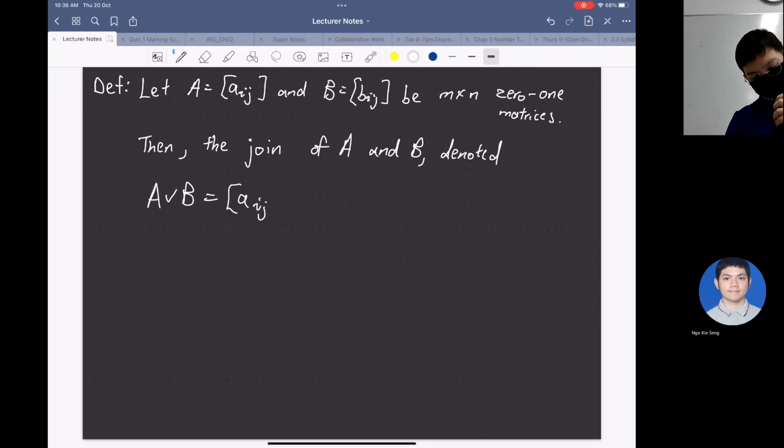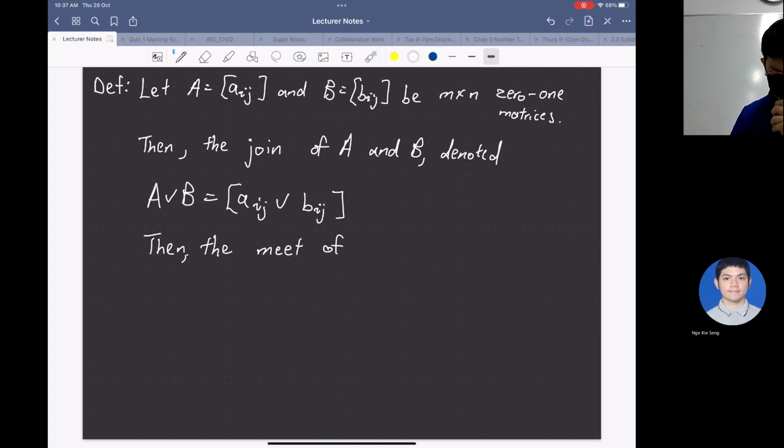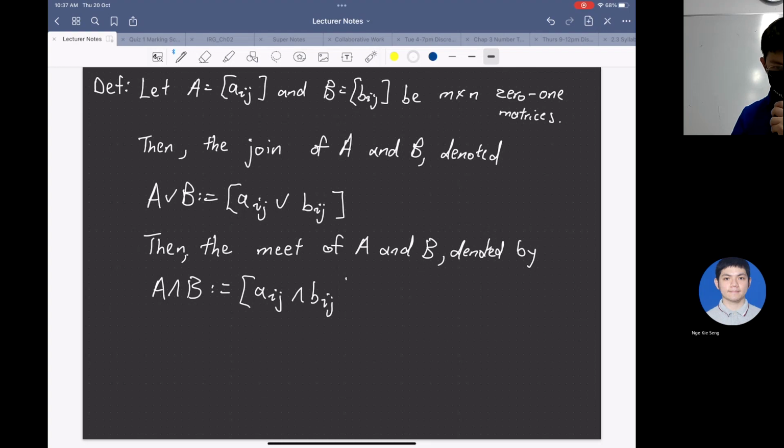You just take the disjunction on every entry. And then you can also define the meet of A and B, which takes the conjunction on every entry, such that Aij and Bij.